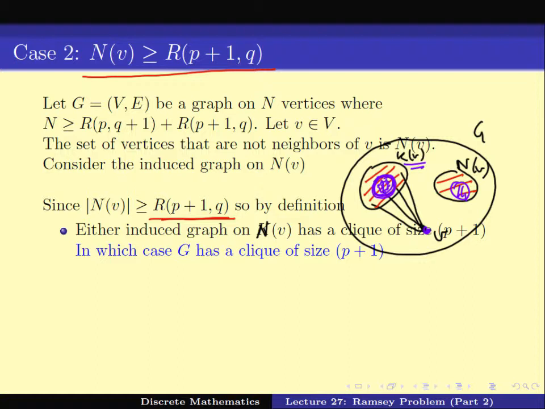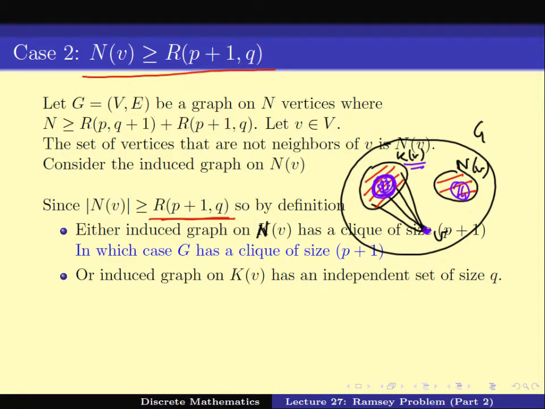And if not, the other thing is that NV has an independent set of size q. If the blue thing is an independent set, what it means is that between any two vertices in this blue thing there is no edge.